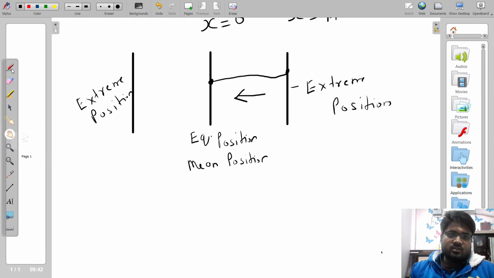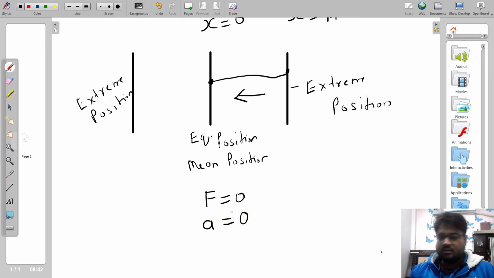What happens at the mean position or equilibrium position? Force is 0. If force is 0, F is equal to ma, so acceleration is 0 because mass cannot be 0. At the extreme point, force is maximum, and that is why we are able to bring the body back. So acceleration is also maximum.